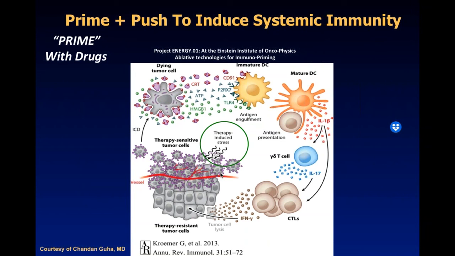And one of the hypotheses that I have is that as we ablate the prostate, this therapy induces a stress, and that stress causes therapy-sensitive tumor cells to die, with antigen release, which is then engulfed through immature dendritic cells, which then mature, and that grows into the immune T cells that drive into microscopic potential disease that may be in the lymphatic channels.